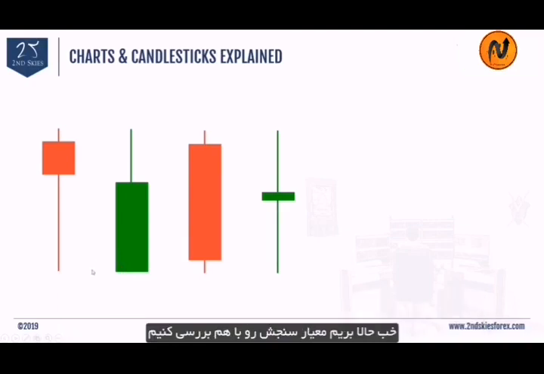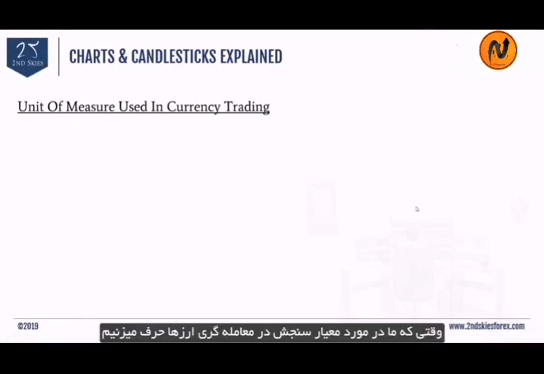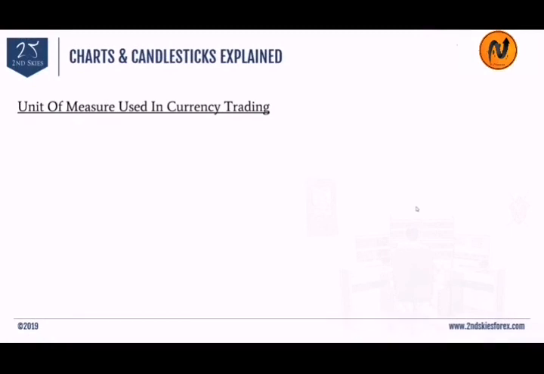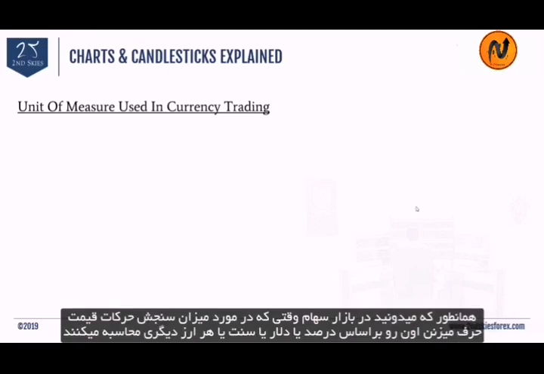Now let's move on to the unit of measure. When talking about the unit of measure used in currency trading, we're not using the same terminology used in, for example, stocks. As you might know, when talking about stocks, it's often easy to refer to movements in terms of percentage, in dollars, in cents, or depending on your local currency.